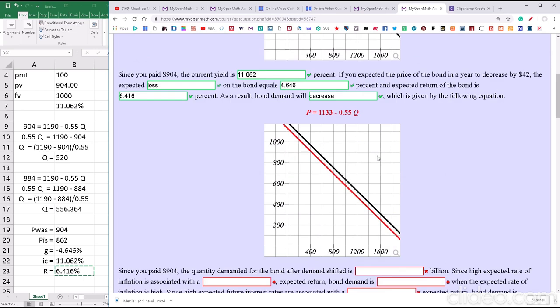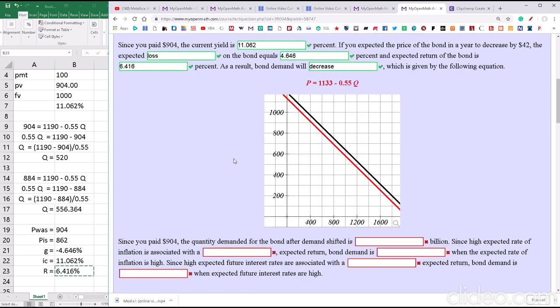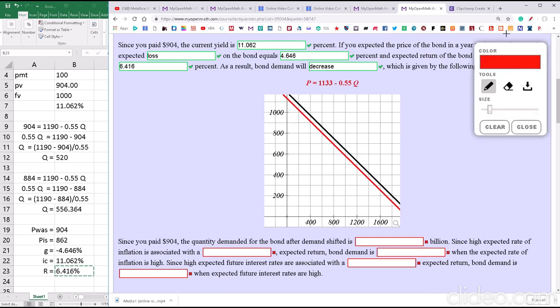Okay? Now we got to label this diagram. Let me go ahead and label it. Shrink the pencil down. 904, remember, was right about here, just above the line there.